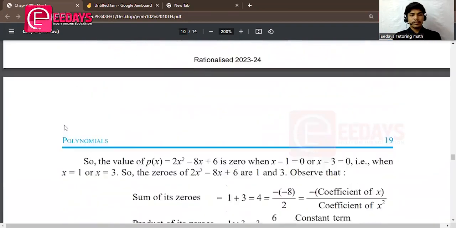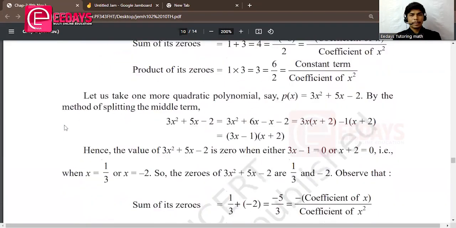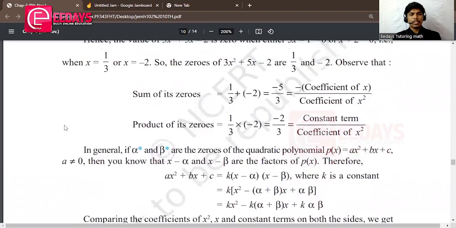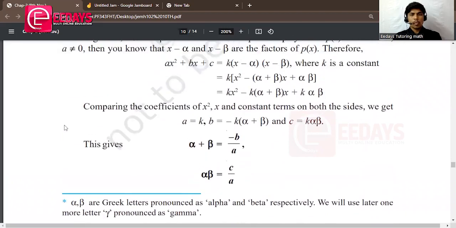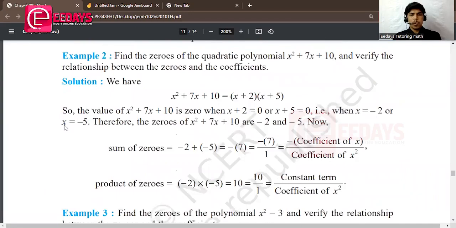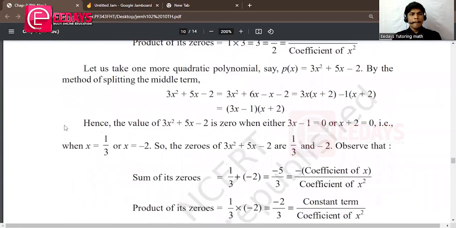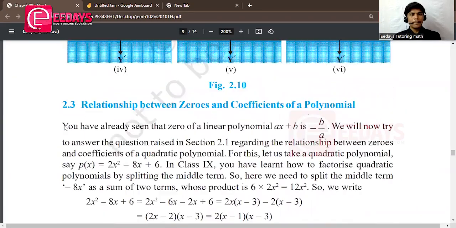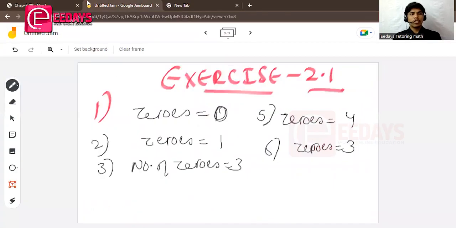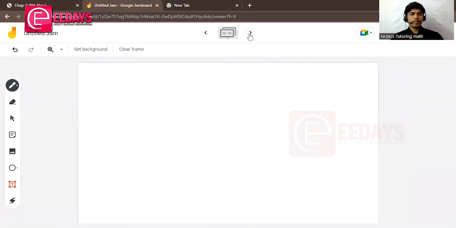Next concept is the relation between zeros and coefficients. Let's understand what they mean.